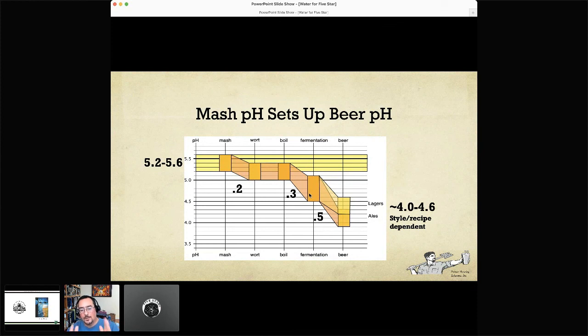So this is a good diagram to help you understand the progression of pH during the brew, and it's a good tool for monitoring the quality of your brews if you're brewing the same recipe, week in and week out, like professional brewers do.